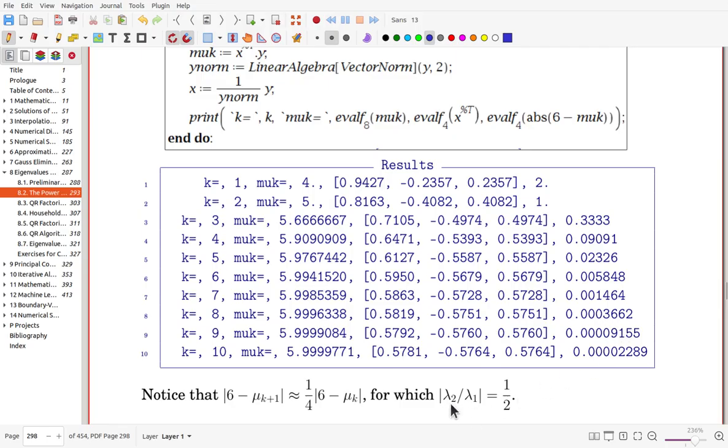Now, lambda 2 over lambda 1 is half, 6 and 3, so half, but a half squared is a quarter. So in each iteration, the error is reduced by a factor of 4, so it's twice as fast.